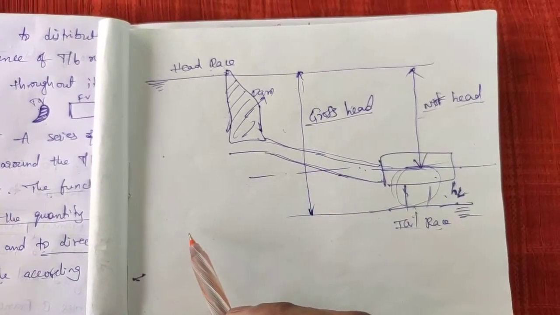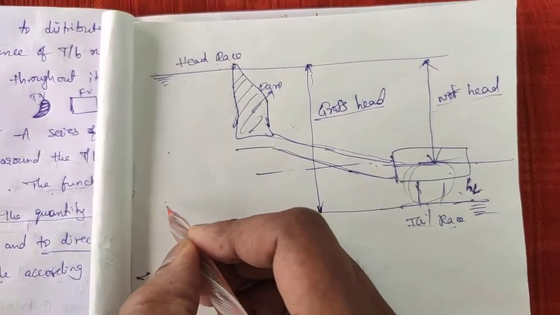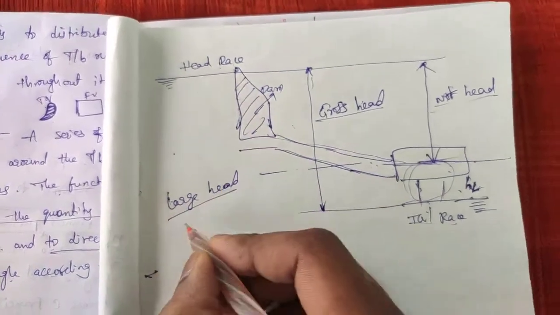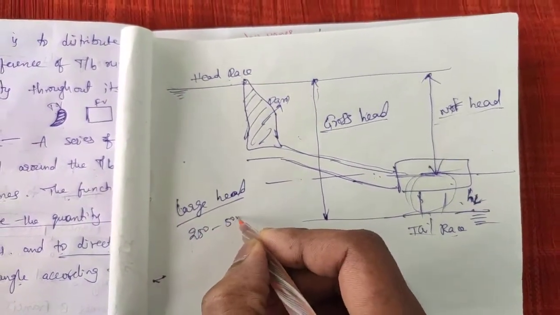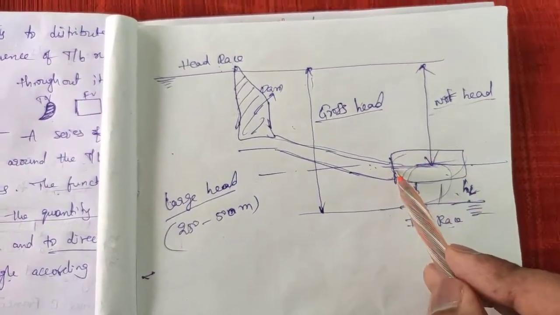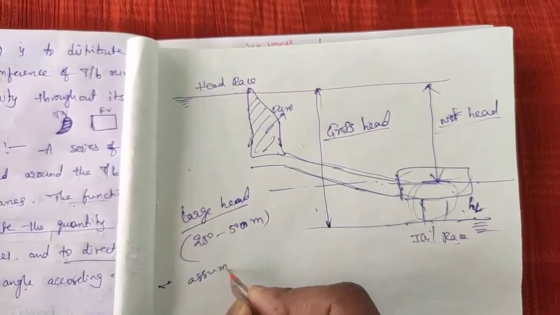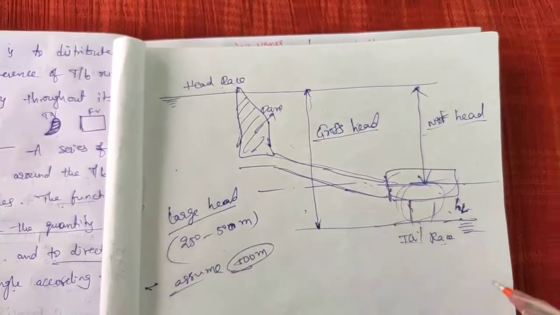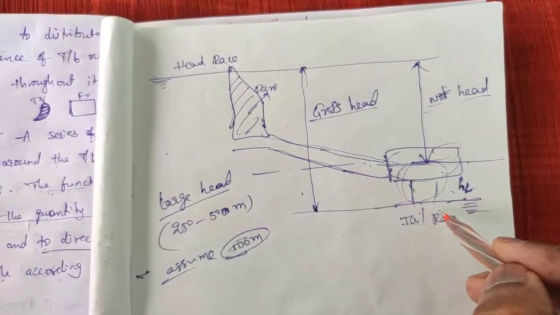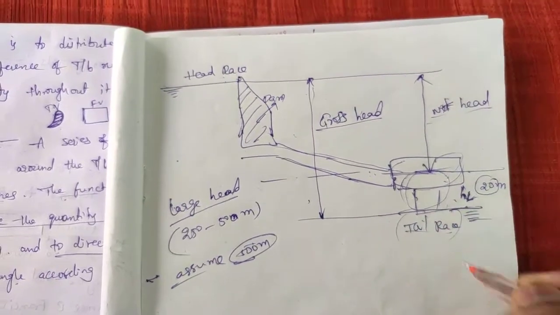The impulse turbine is used for large head purposes, around 250 to 500 meters. Suppose this is a Pelton turbine, the head is 500 meters, and the turbine is installed 20 meters above the tail race.